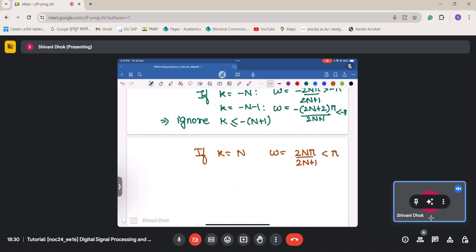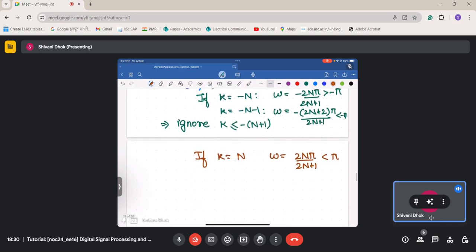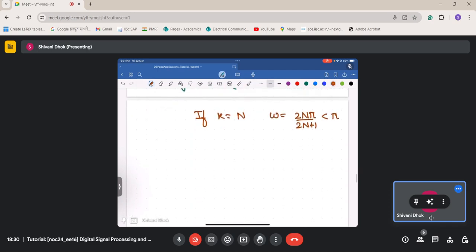Basically omega is a linear function of k, so it's fine to just check the extremes, because it will linearly join the 2 points. And if my k is equal to n plus 1, then my omega will be equal to 2n plus 2 pi upon 2n plus 1, which will be greater than pi.